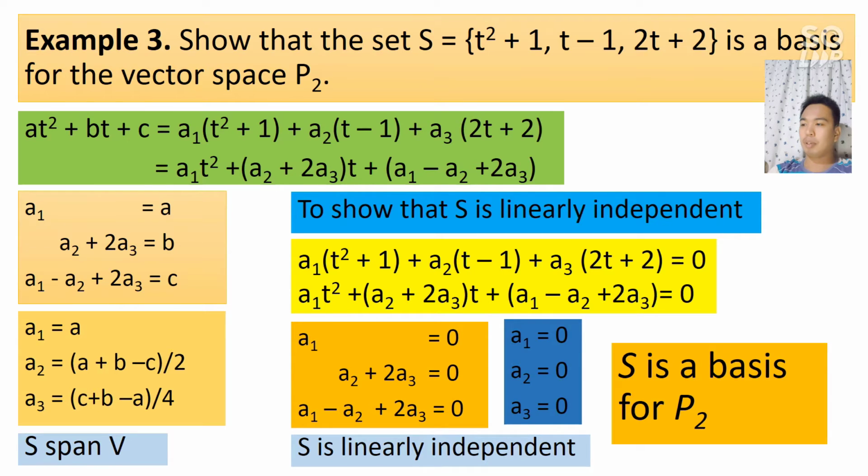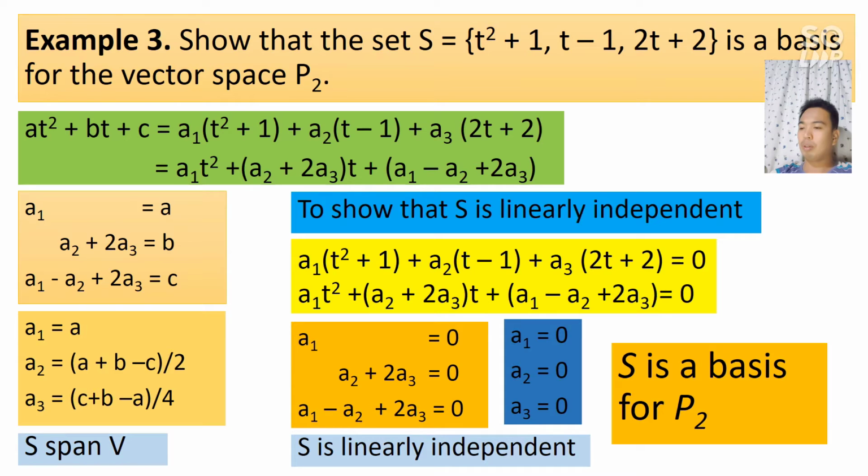Let's have the general form at squared plus bt plus c equal to a1 times t squared plus 1, plus a2 times t minus 1, plus a3 times 2t plus 2. That is equal to a1 t squared plus (a2 plus 2a3) t plus (a1 minus a2 plus 2a3).